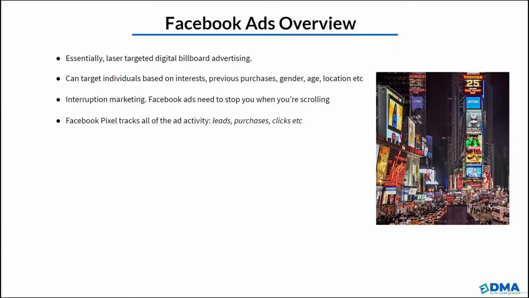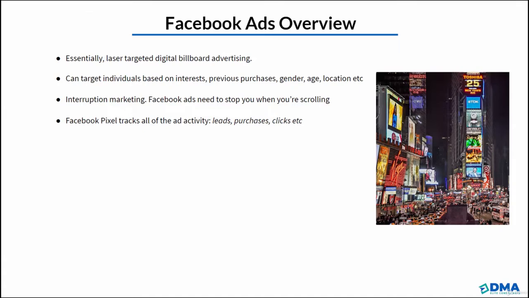And then with Facebook, we have a Facebook Pixel, which tracks all of the activity. So this is anytime that somebody becomes a lead, they fill out a form, they purchase a product, they click on our ad, whatever that may be. And so the Pixel is going to give us all of this information so we can create custom audiences, lookalike audiences, and be able to target people that maybe have landed on our landing page and didn't actually submit their information.